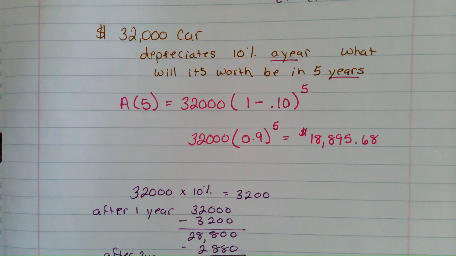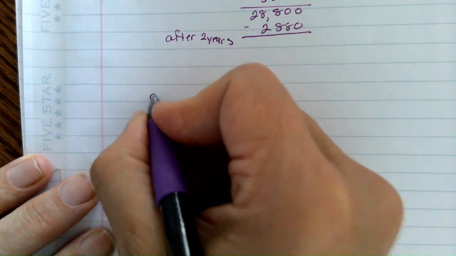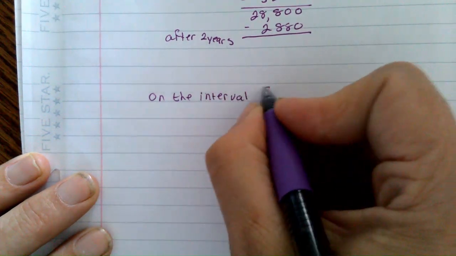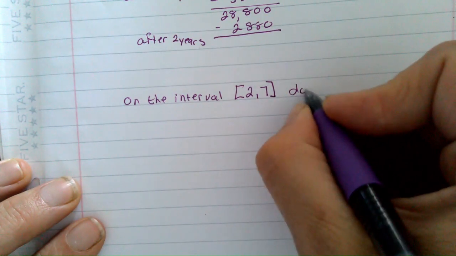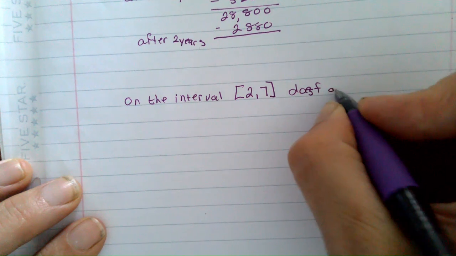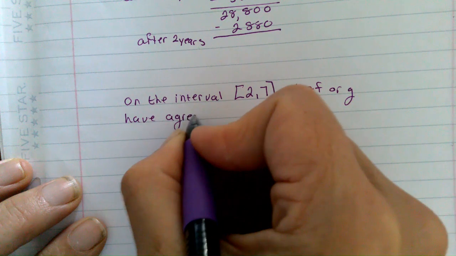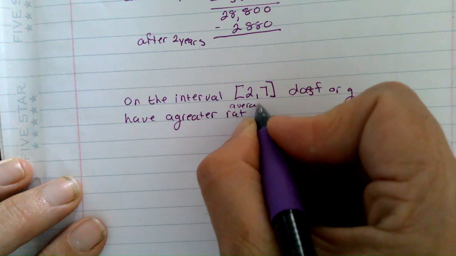And sometimes with these, they do like to go ahead and have you compare some average rate of change. So keep in mind that they might say something like, on the interval, does f or g have a greater rate of change? I should say average rate of change.